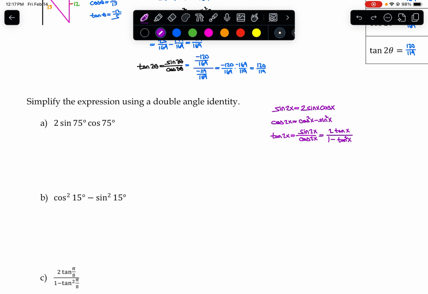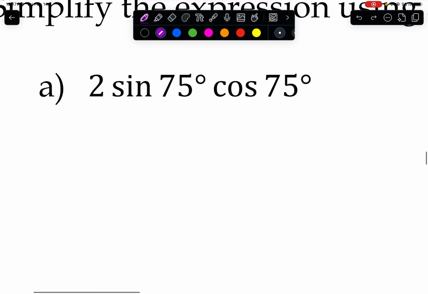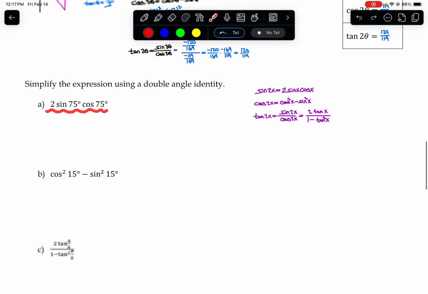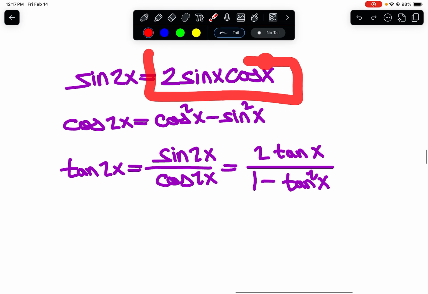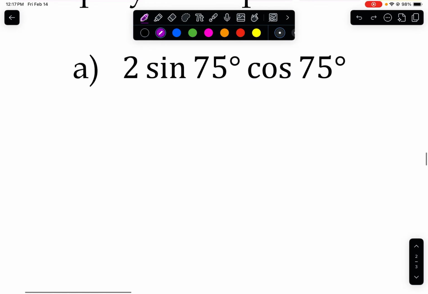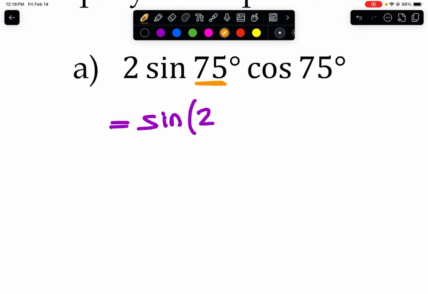So over here with part A, we're given 2 sine 75 cosine 75. So look at the setup of your identity. If I have 2 sine of an angle, cosine of an angle, that looks very similar to a double angle sine identity. So this is going to turn into sine of 2 times the angle being referenced, which is 75.